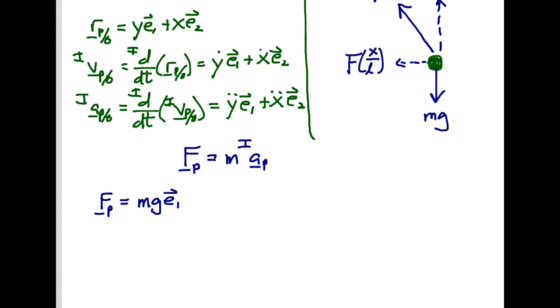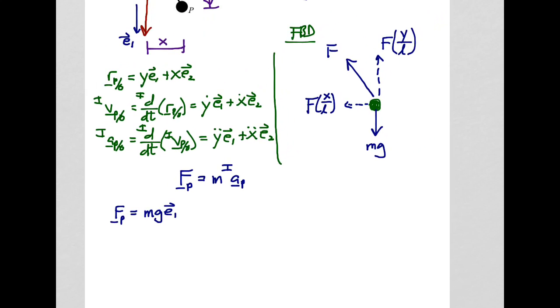Okay? So what's nice about this vector approach is that we no longer really have to keep up with what's positive, what's negative, how is this changing, how is this not changing. We simply look for the easiest way to describe the direction of a vector in the easiest basis. And so mg pointing down is always pointing down, it's always in the E1 direction.